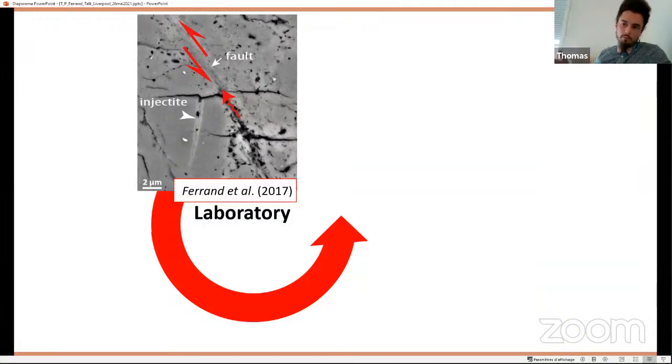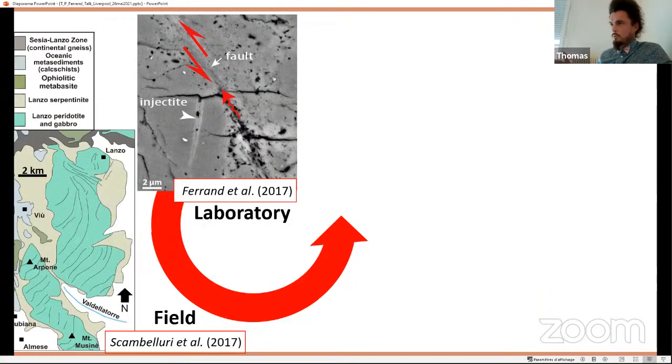From the lab, we can go to the field in several ways. So first, you can find, for example, this study from Marcos Cambelluri in 2017. They found in the Lanzo Massif nice peridotite blocks, massive, and all around you have serpentinites, highly deformed serpentinites, that help a lot to bring material to the surface.